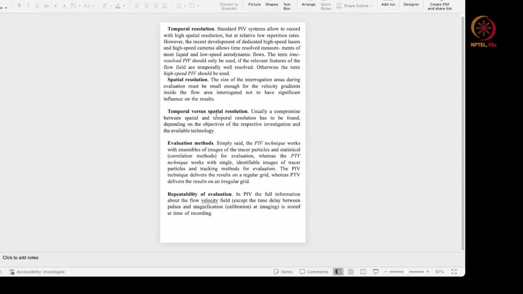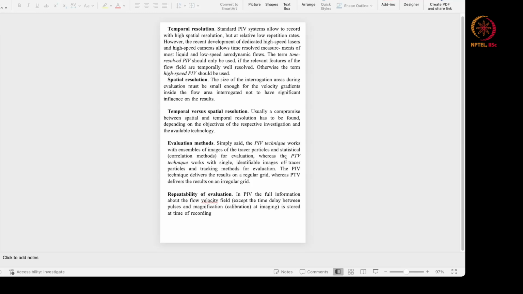Now, you also have this temporal versus spatial resolution. This is usually a compromise between the spatial and the temporal resolution, depending on the objectives of your measurement, right? As for evaluation methods, we already said that the PIV technique works on ensembles of images of the tracer particles and statistical correlation methods for evaluation.